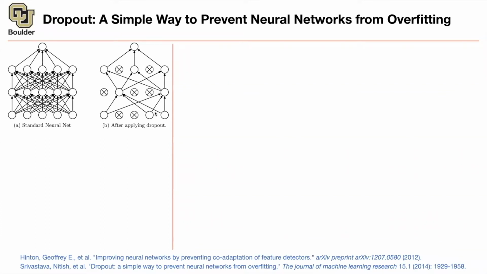The idea is that a single neuron should be able to do its job as independently as possible. This is what people call co-adaptation. You don't want your neurons to co-adapt. You want them to be as independent as possible. So that's why it's going to help with overfitting.